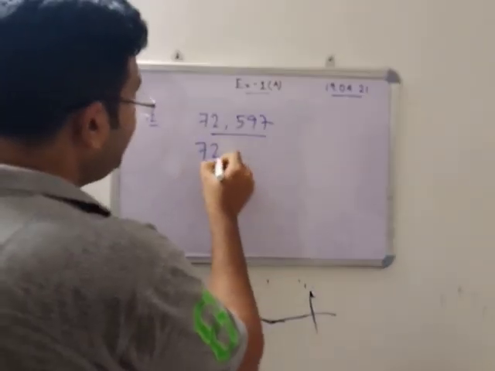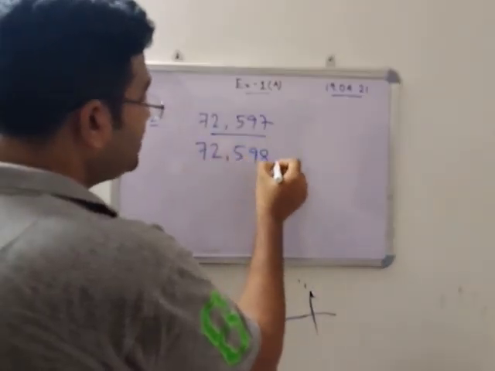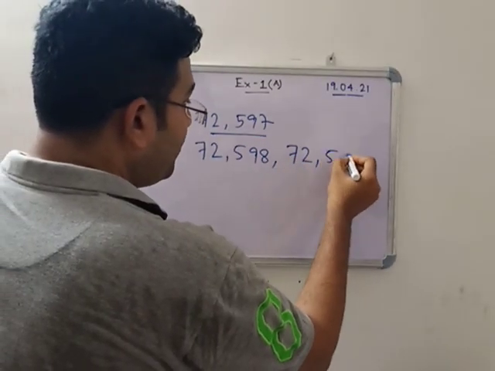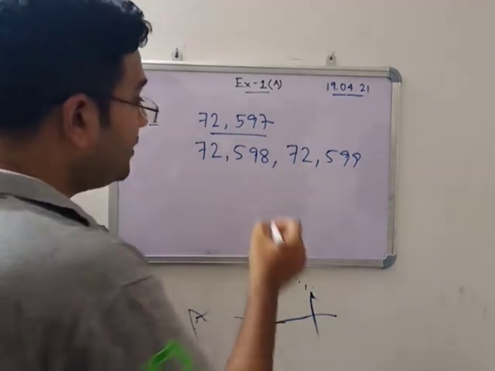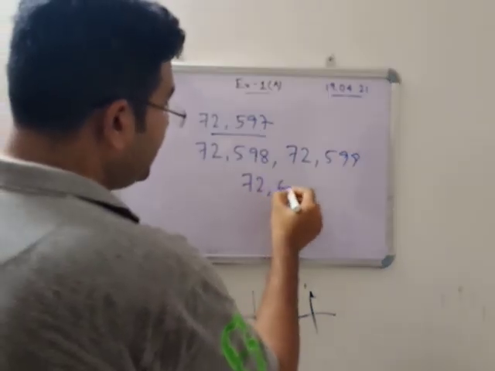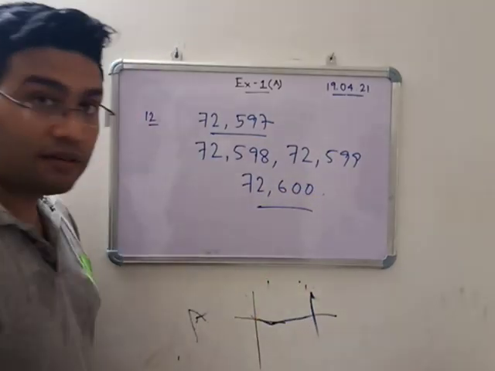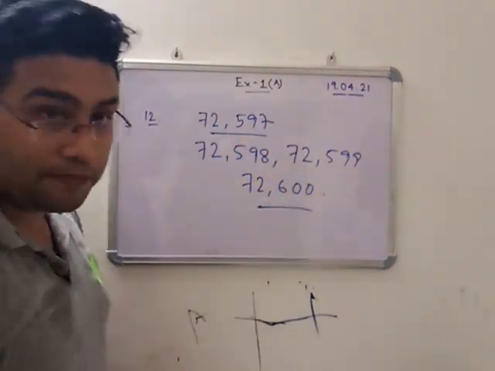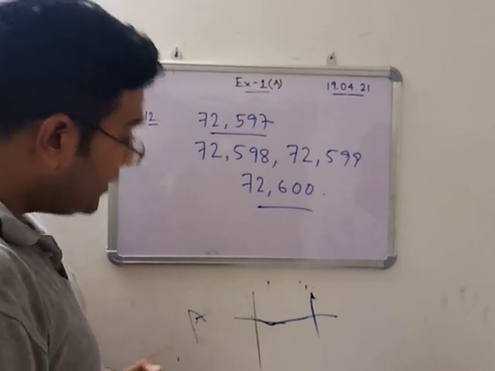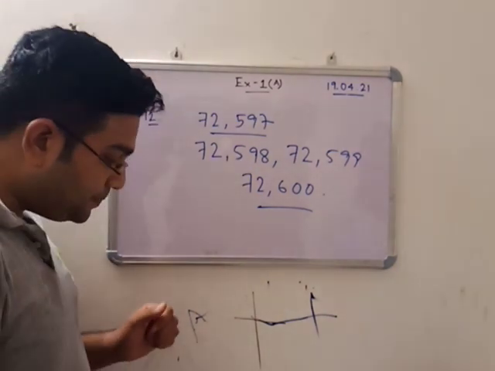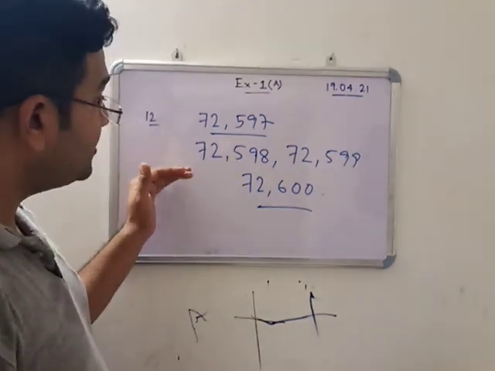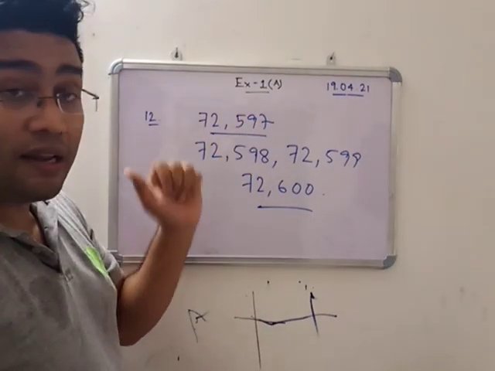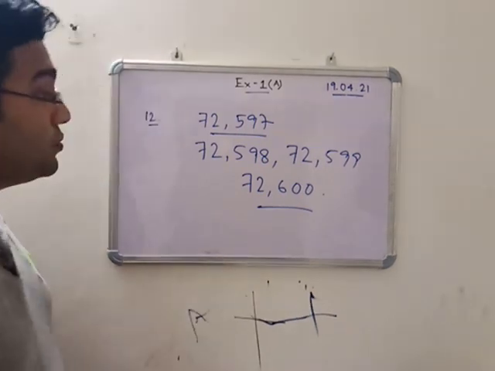So 72598, 72599 and 72600. Right? 3 numbers are there. This plus 1, this plus 1 and this plus 1. So these 3 numbers are the whole numbers succeeding 72597. Now note down.